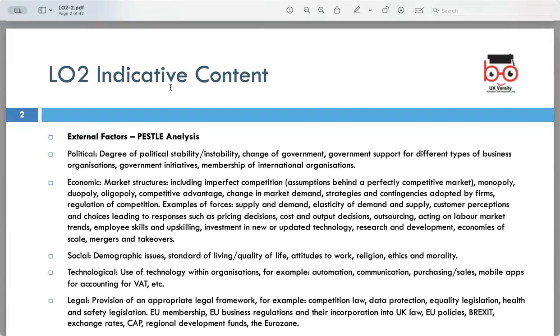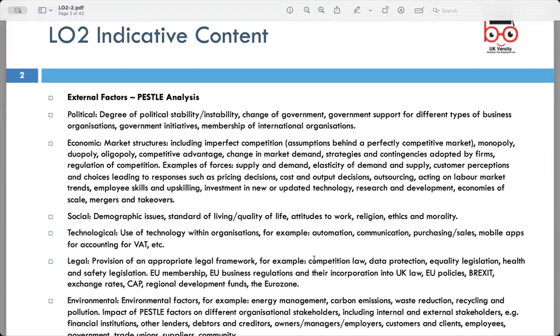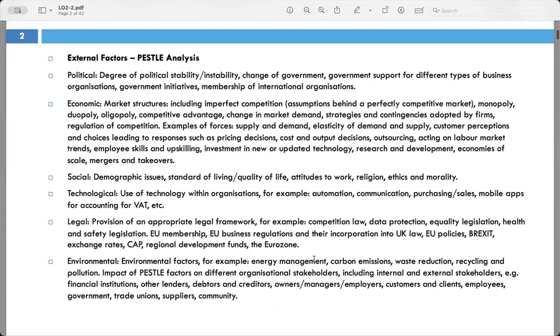Technological, use of technology within organizations, for example, automation, communication, purchasing, sales, mobile apps for accounting for VAT, then legal, provision of an appropriate legal framework, and then finally environmental factors.